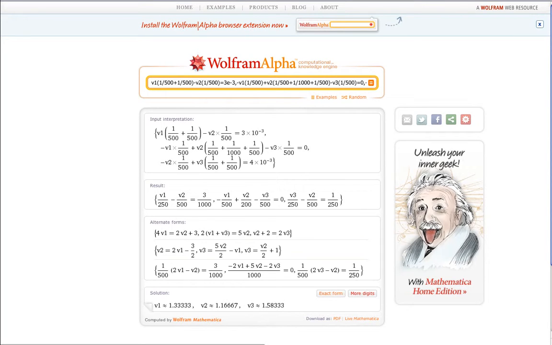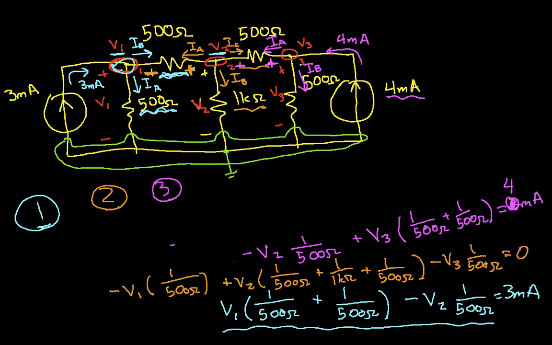Okay, so that was painless compared to the way I had to do it. Your lives are so much better now. So what this tells me then is that V1, let's see, V1 was in light blue. V1 is 1.333 volts.